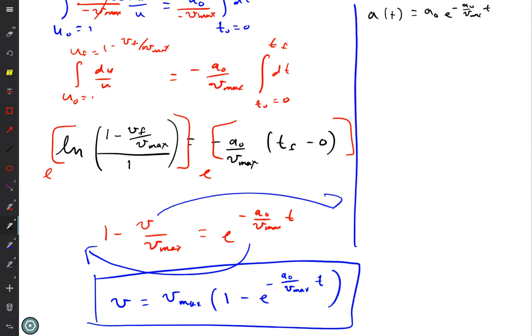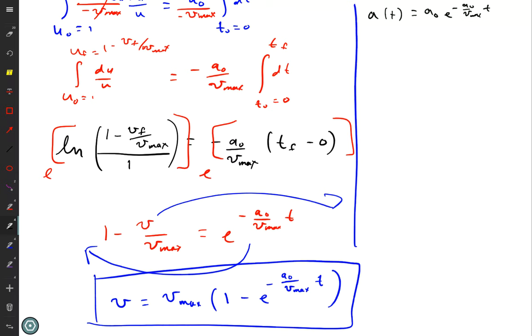I believe I did that derivative correctly. And so I have the acceleration as a function of time.